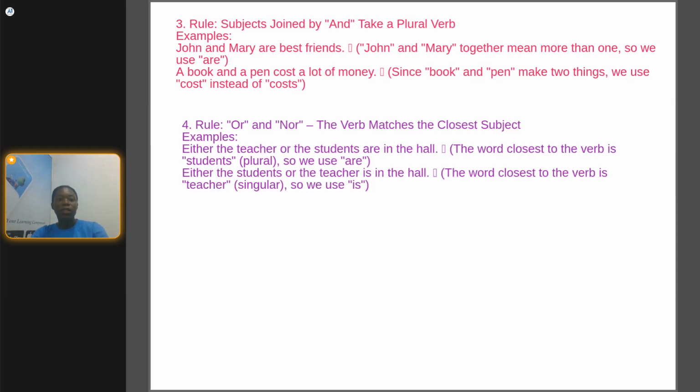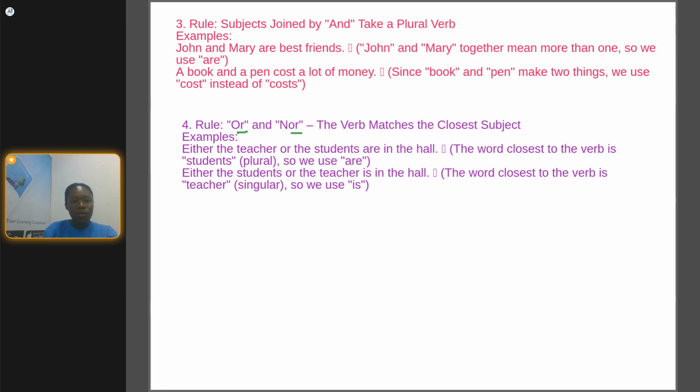Okay. All right, so the rule or, nor. We should remember either or, neither nor. All right, so that's the rule we're looking at now. So this is telling you when to use your or and your nor.